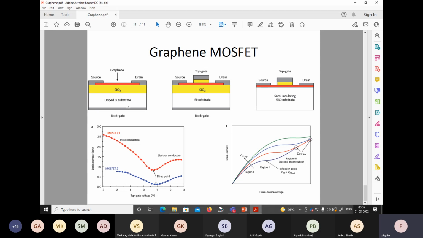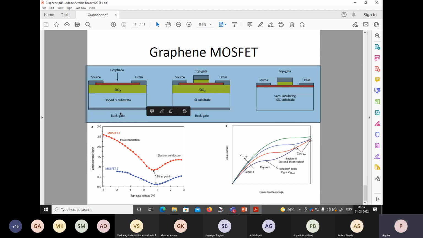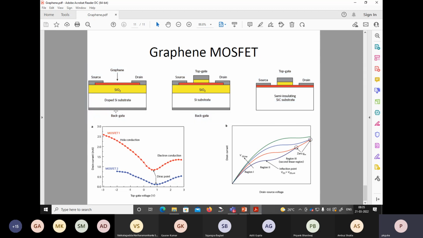So with graphene, you can have a back gate graphene FET or a top gate graphene FET. It should be top gate. Okay, so this is a back gate graphene FET structure where you have the gate from the back side, but the top gate is more like a conventional FET and so on.